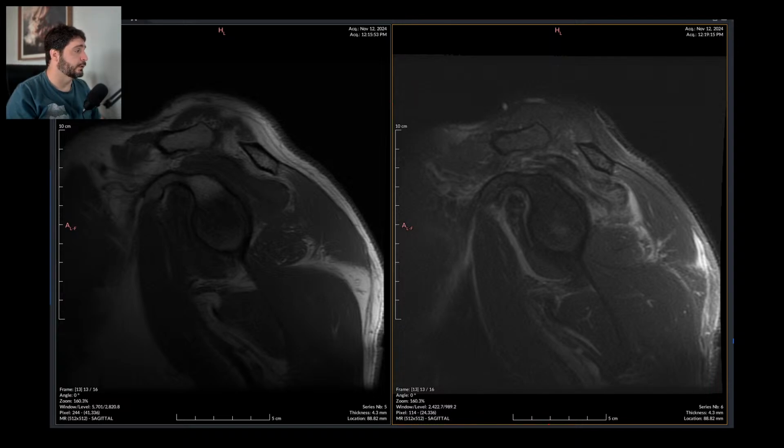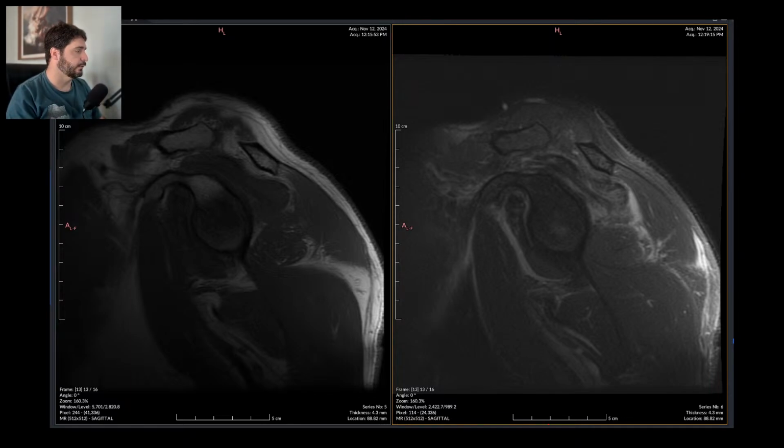So the articular effusion, the ruptured glenoid labrum, so this is it.